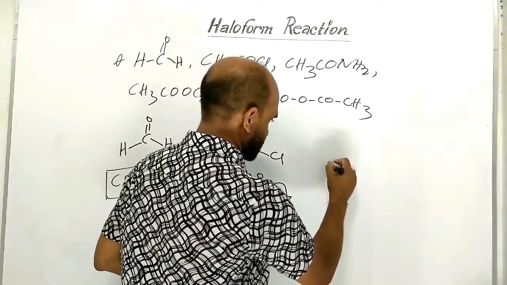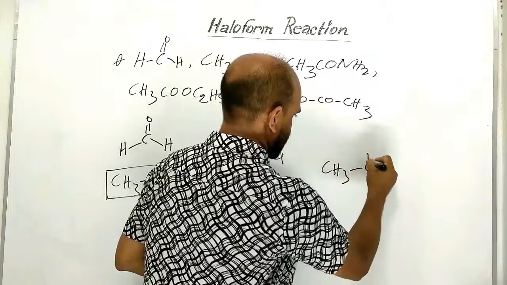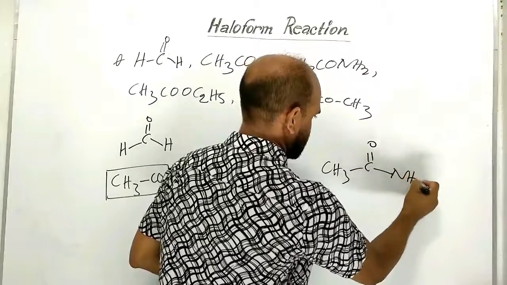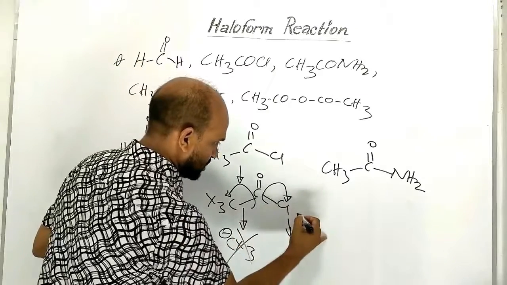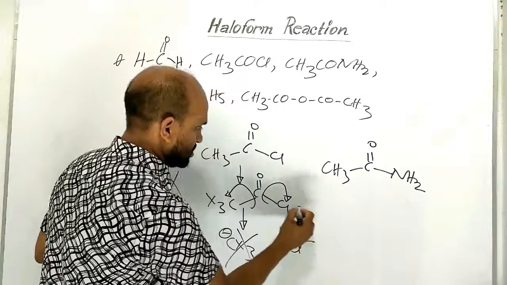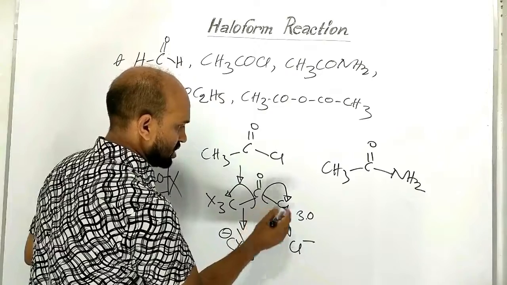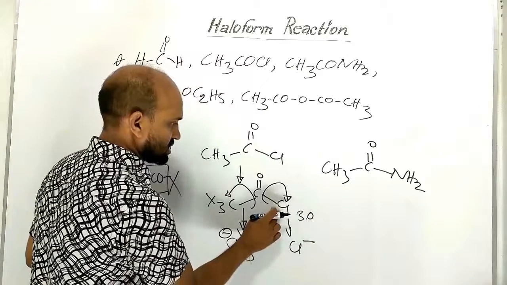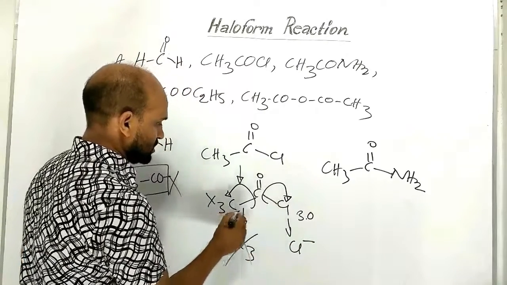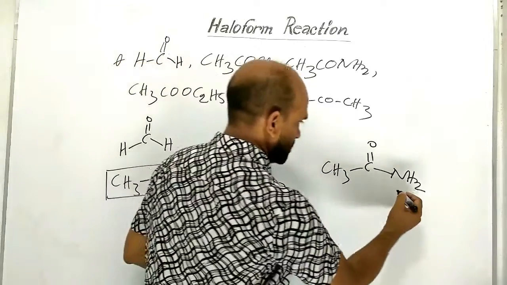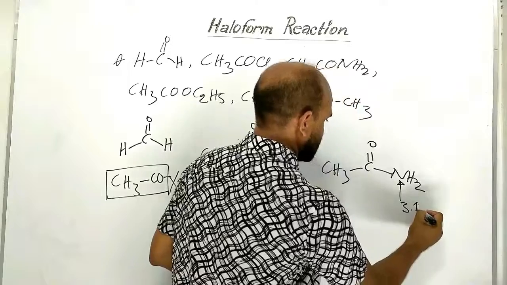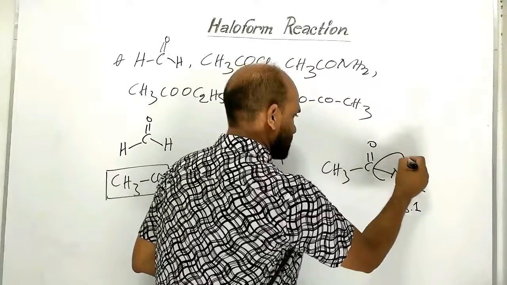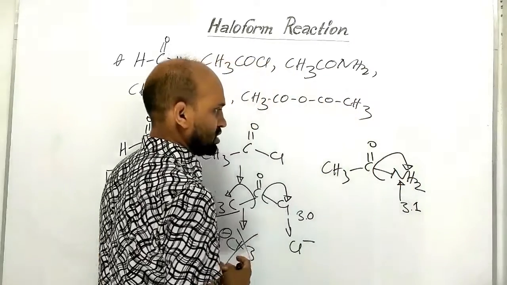Another one, acetamide. Here electronegativity of chlorine is 3.0. Because of this higher electronegativity, it acts as beta leaving group, then this group. Similarly, electronegativity of nitrogen is 3.1. Because of this, amino group acts as beta leaving group.